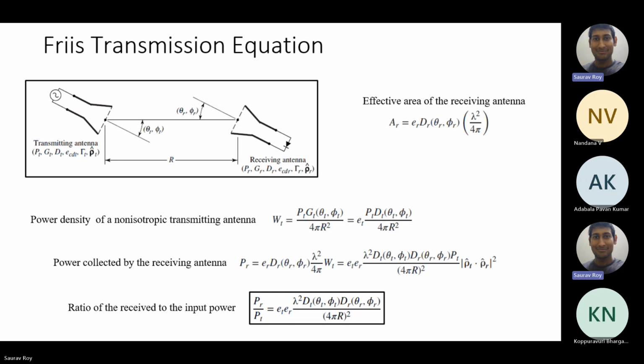Let's say last week we sent the Chandrayaan to the moon. It has a few antennas there, and from Earth we are receiving. So how do we decide what kind of antennas to choose, what antenna to select, what would be the parameters?